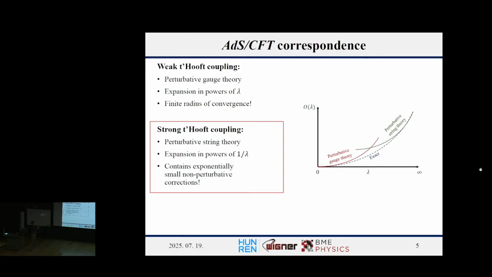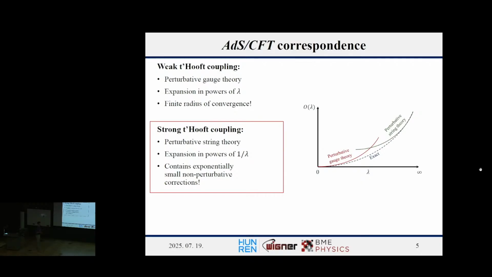In most of the cases, if you do perturbative gauge theory, you will have a finite radius of convergence after adding everything up. So it breaks down at some certain value of the 't Hooft coupling. And also there are some problems from the string theory side, because you find that if you take the perturbative series, you will have factorially growing coefficients, which means that the series cannot give you any meaningful physical quantity, and it can also contain exponentially small non-perturbative corrections.